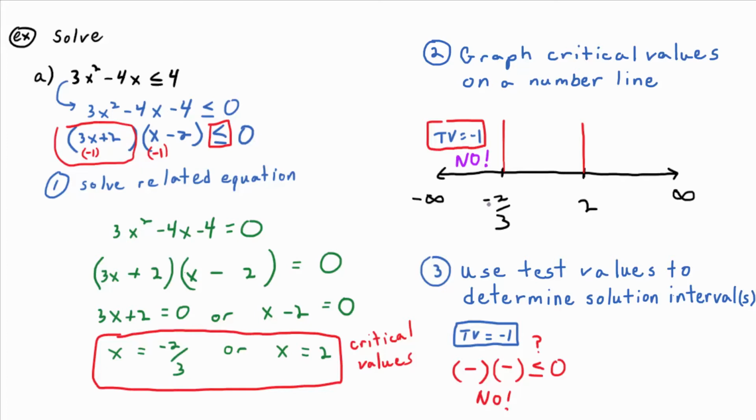Let's try a test value in between -2/3 and 2. Let's make your life easy and try a test value of 0. That's a number between -2/3 and 2.